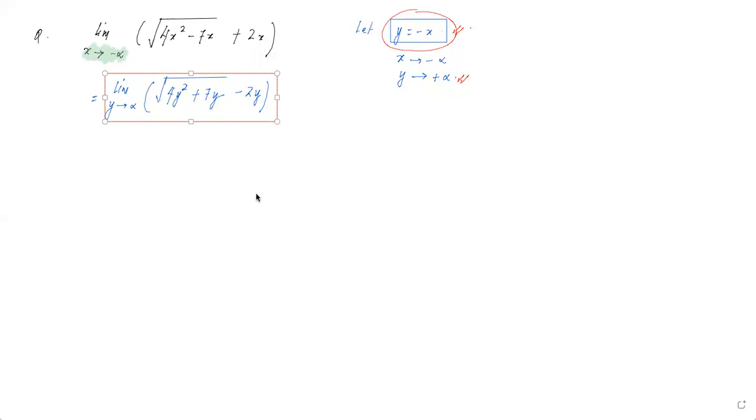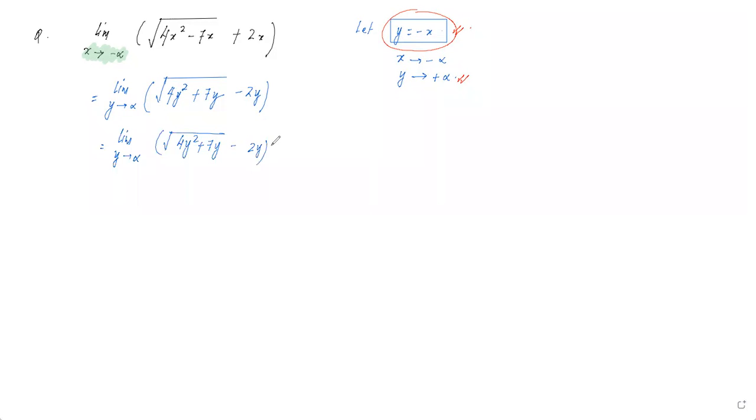Now, this is our question to be taken care of. And this question exactly looks similar to the previous ones, because it is only tending to infinity. But इस question को हम तब तक analyze नहीं कर सकते या proceed नहीं कर सकते until we rationalize the function. So it now becomes limit y tends to infinity, this is square root of 4y square plus 7y minus 2y.